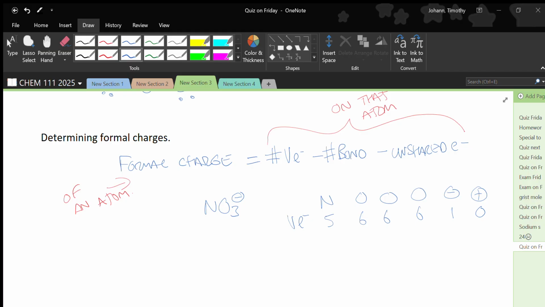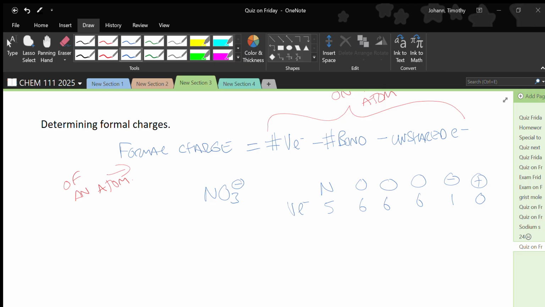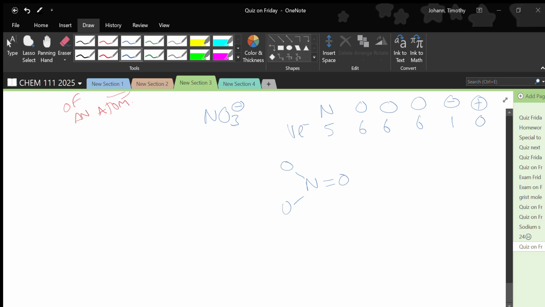So for this one, I've got it looks like 18 electrons. I've done so many of these, I think I have them memorized, and I think I'm going to end up with this. Let's see if I'm right, because I might have forgotten it.